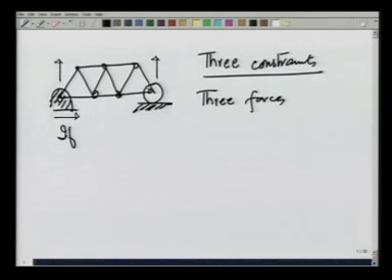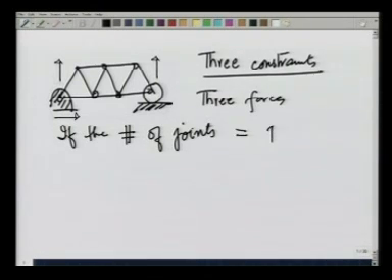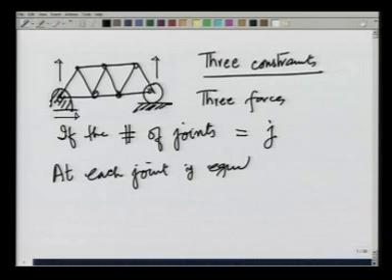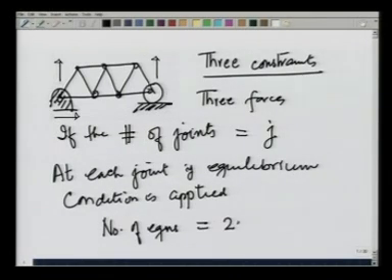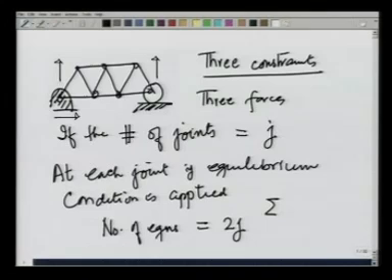And then if the number of joints is equal to j, then at each joint, if the equilibrium condition is applied, then we have the number of equations equals 2j, because at each joint, since it is a point, there will be only 2 equations, summation f x equals 0 and summation f y equals 0.